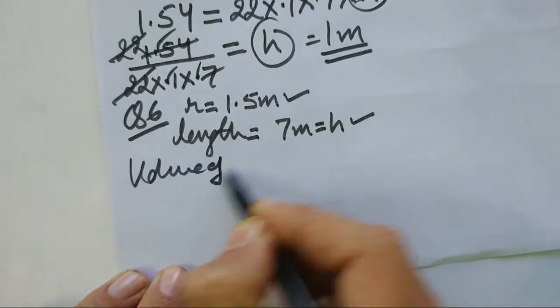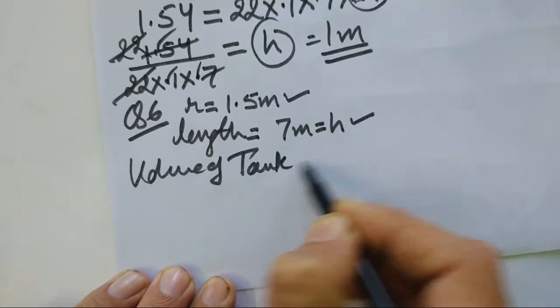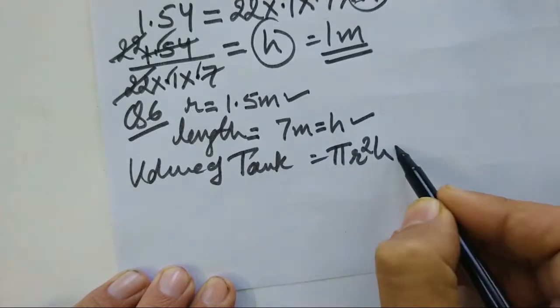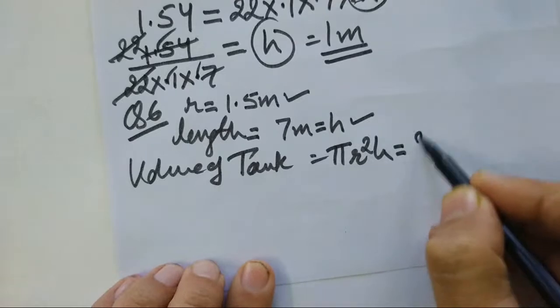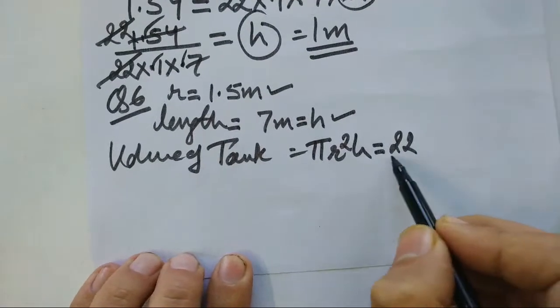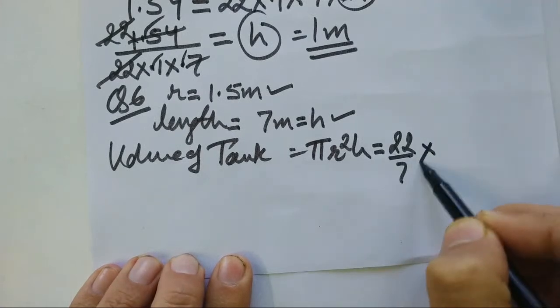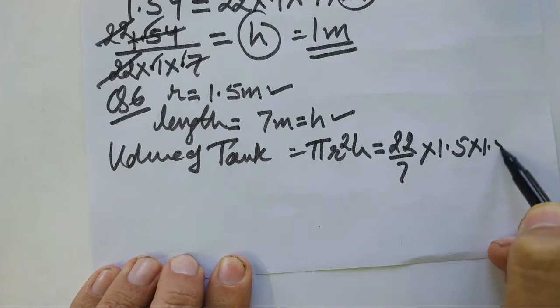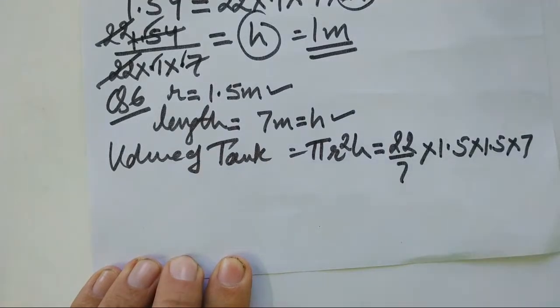So volume of tank is equal to pi r square h, which will become 22 upon 7 into r, 1.5 into 1.5 into 7.